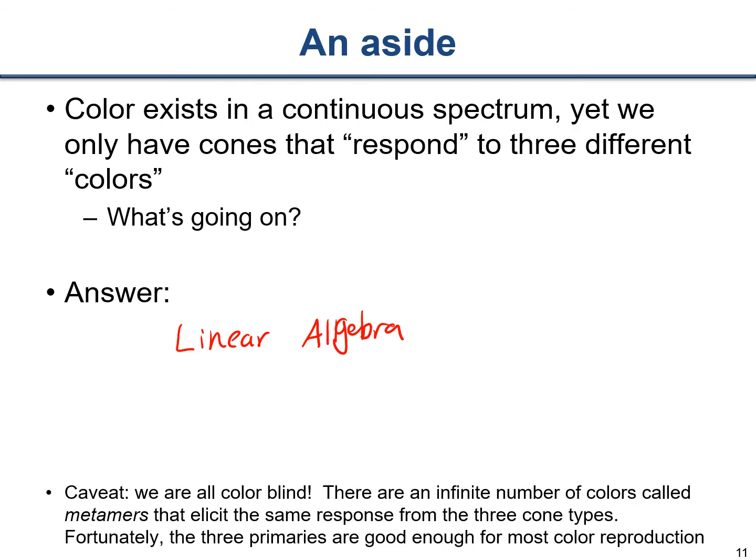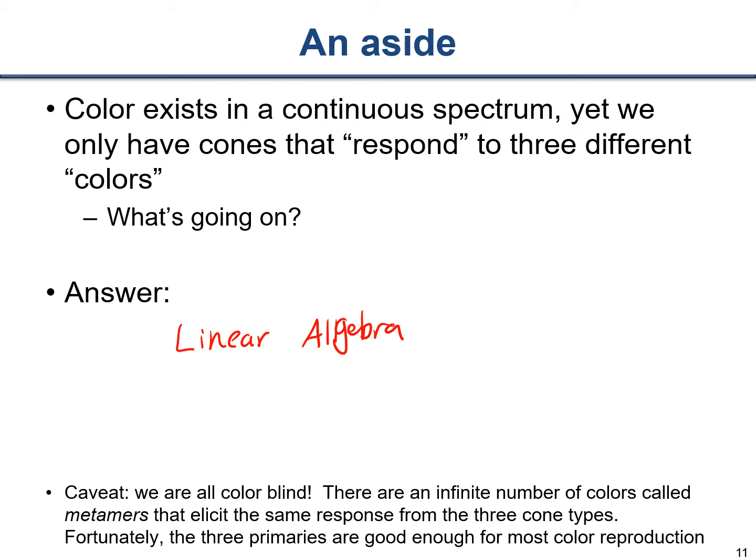Now, there's an interesting caveat here in that we are all colorblind. What I mean by that is that there are an infinite number of colors that we call metamers that elicit the exact same response from the three different cone cells. Okay, so you get the same response even though they're different colors. So technically that means we're all colorblind.